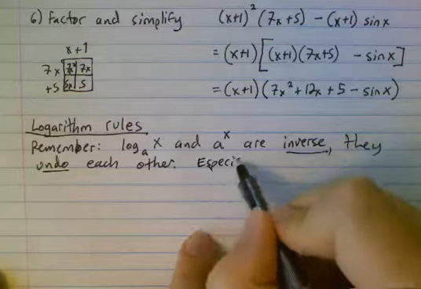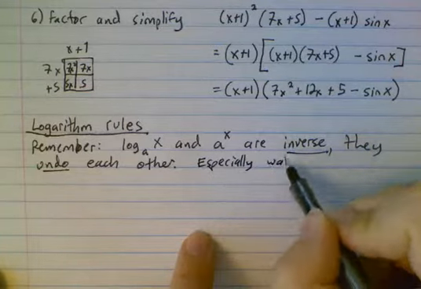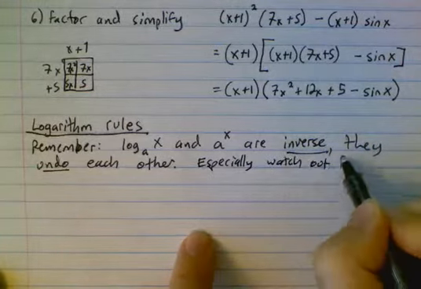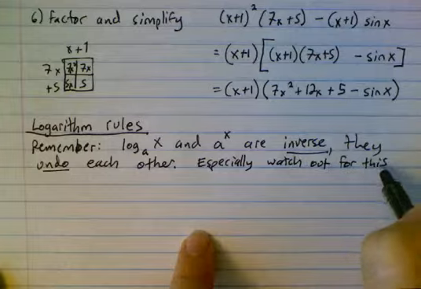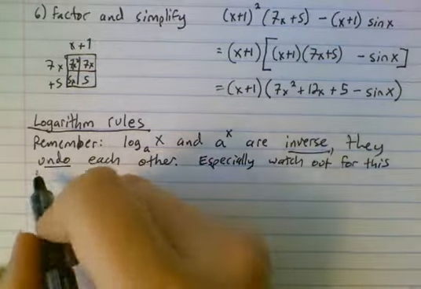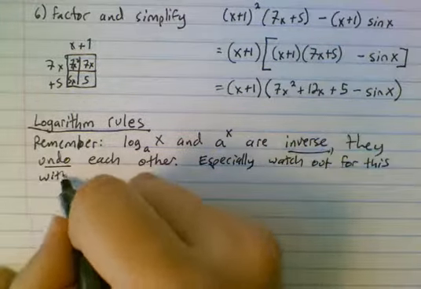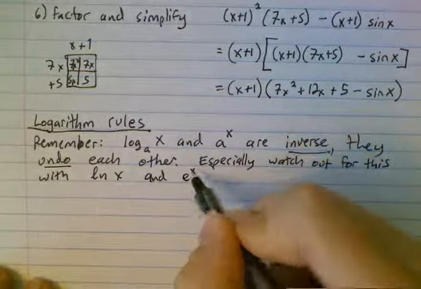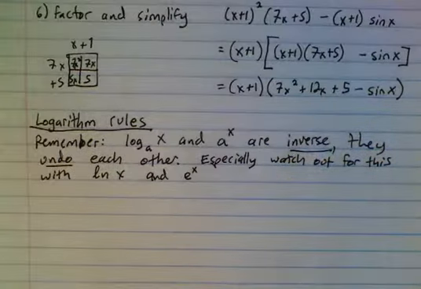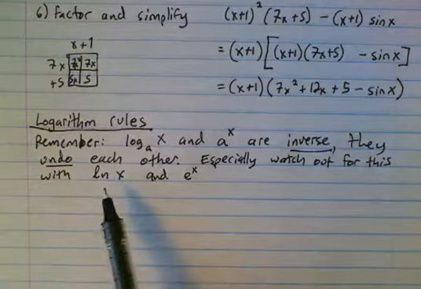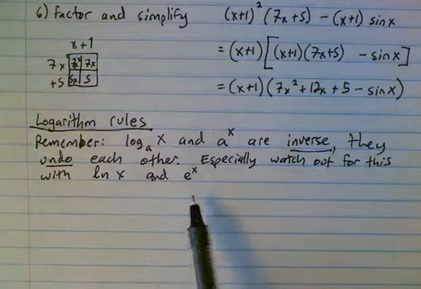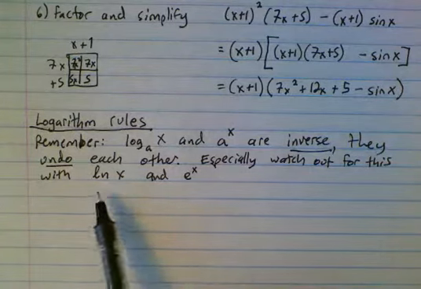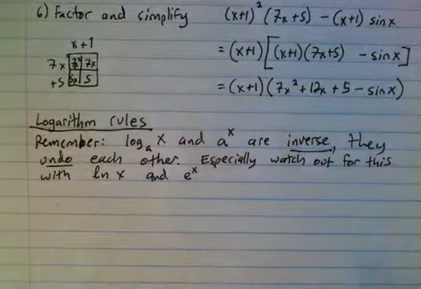Especially watch out for this with ln x and e to the x. So ln x is log base e of x, e to the x obviously is e to the x. So natural log of x and e to the x are inverses. They undo each other.